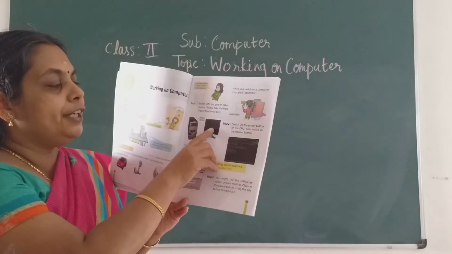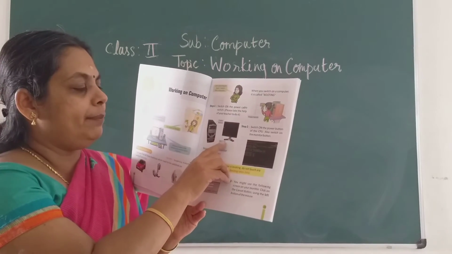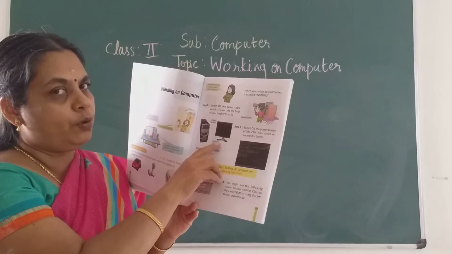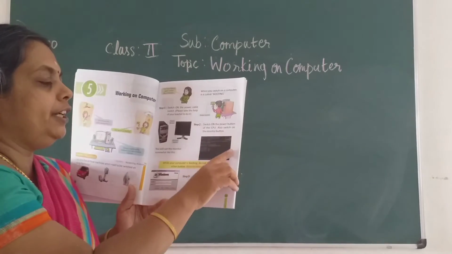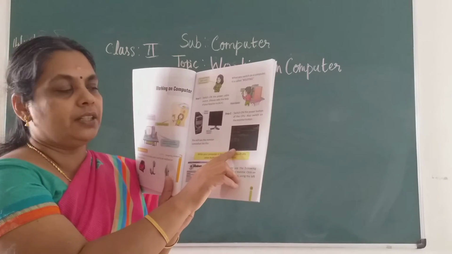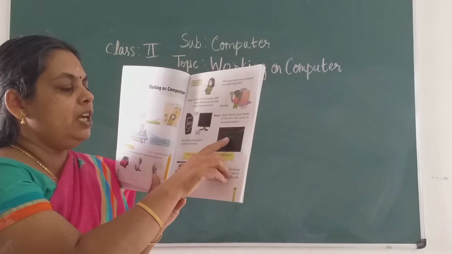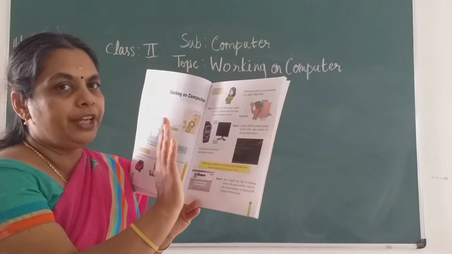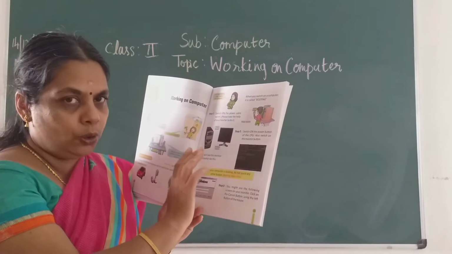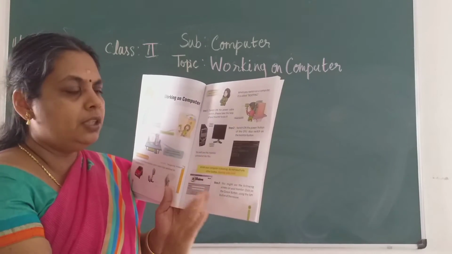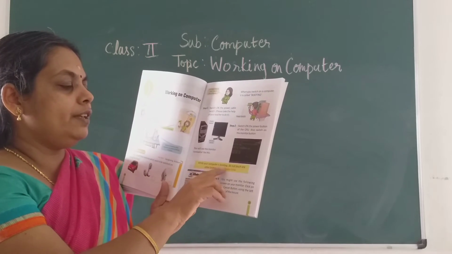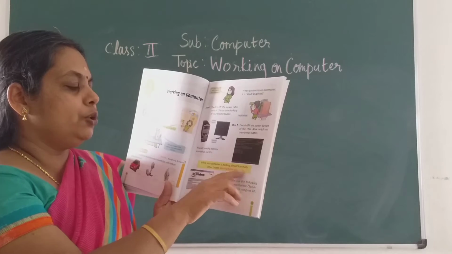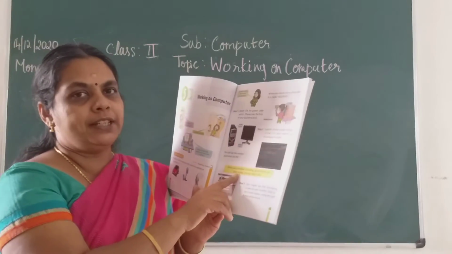Then the monitor also has a button, the monitor button, that you have to switch on. Then in the monitor you can see something appear on the screen. We will not do anything till it gets loaded and everything gets set up. Till that time we will wait, children. When the computer is booting, do not touch other buttons.